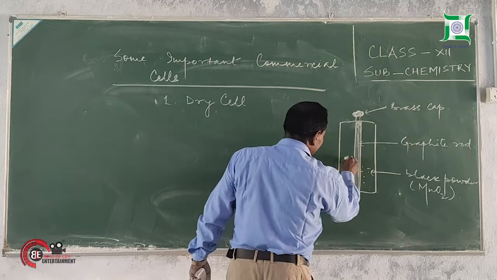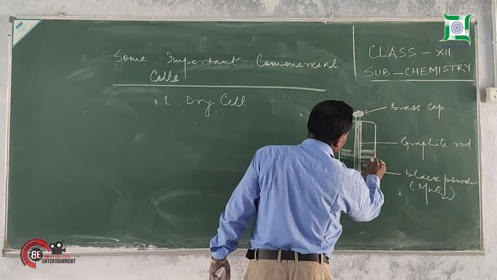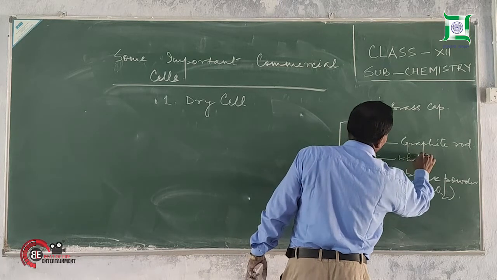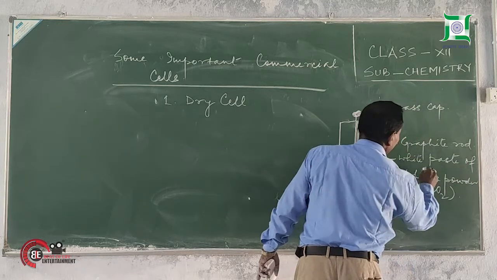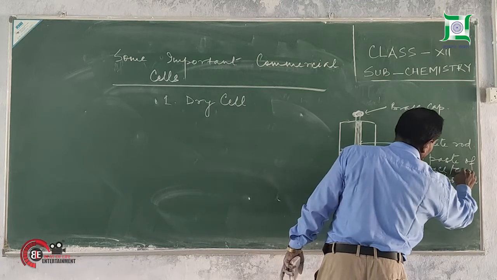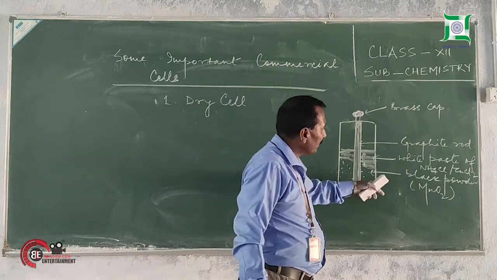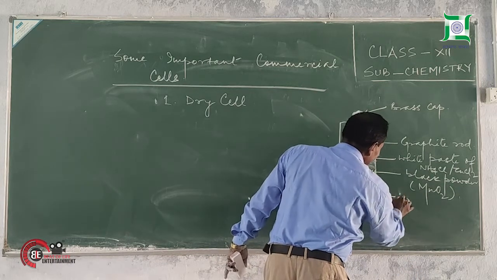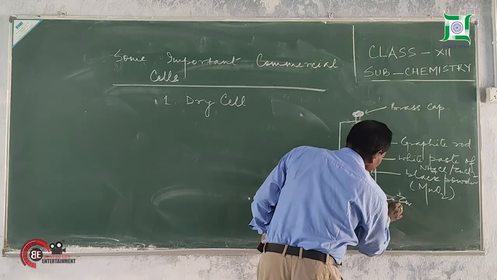And this casing again contains some white paste, and the white paste is of ammonium chloride, NH4Cl. Little zinc chloride is also mixed with this. The entire casing is made up of zinc.